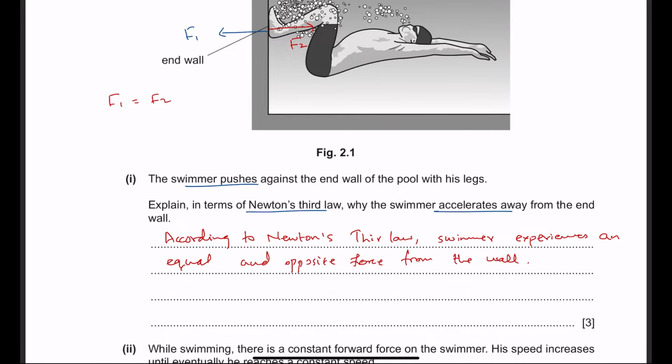Now, why is he accelerating? Well, there's a simple relationship between force and acceleration. If anything is experiencing a resultant force, then you can find out its acceleration with this formula.